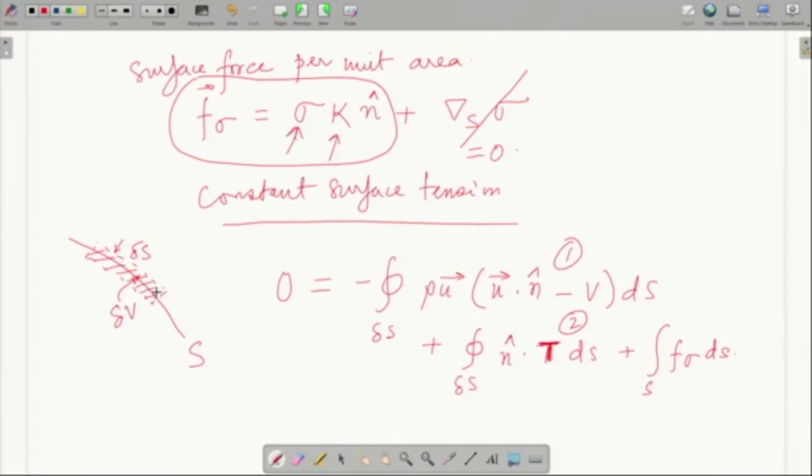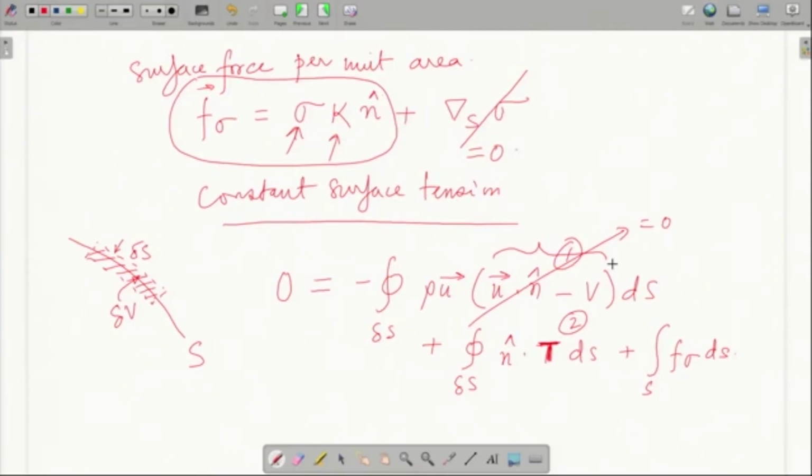And the first term for incompressible flows, it can be easily shown that this will go to 0, because as you remember we had shown in the previous lecture that this term is uniquely 0 for both the phases, and in the absence of phase change, of course, it will give you a net m dot equal to 0, right.